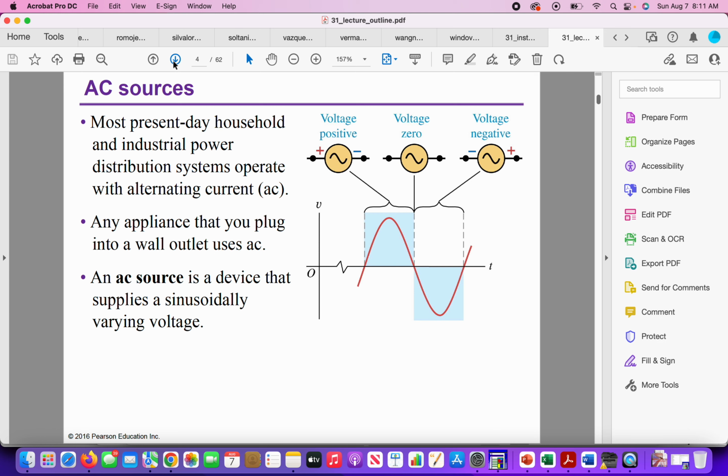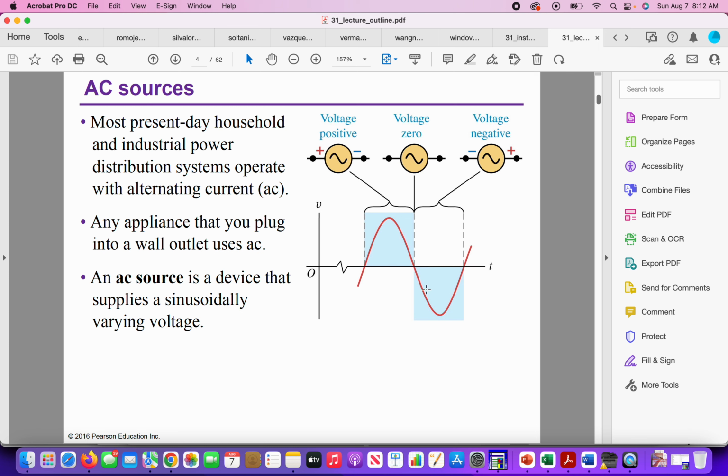First, let's describe what is really the output of an AC source. An AC source, as I said, is providing us with what is called alternating current. In the first cycle, you can see here that the voltage is positive, this one is plus, this one is minus, and this is the direction of the current.